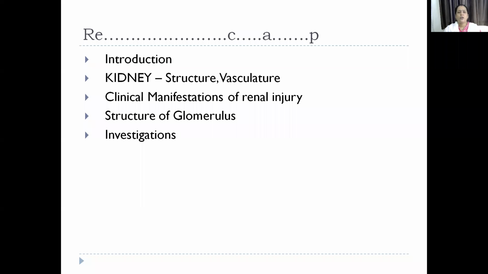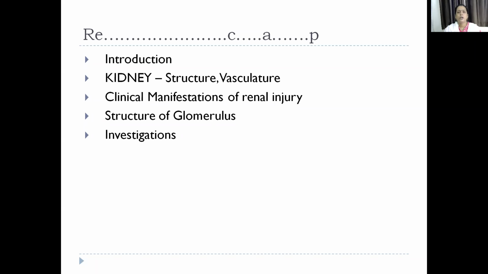Okay, and the weight is about 125 to 170 grams. The kidney weighs such in the adult. The female and male will have a little difference regarding the kidney size.